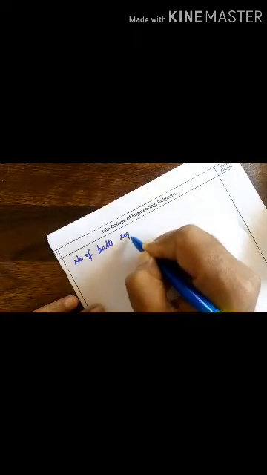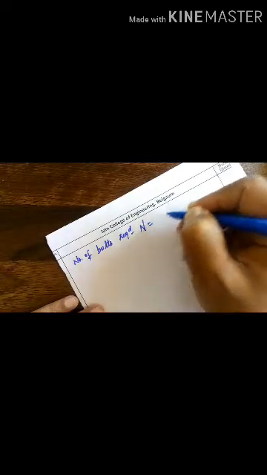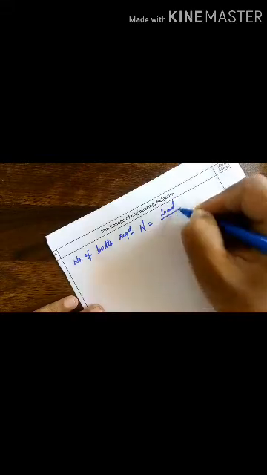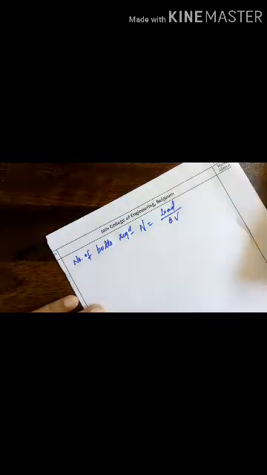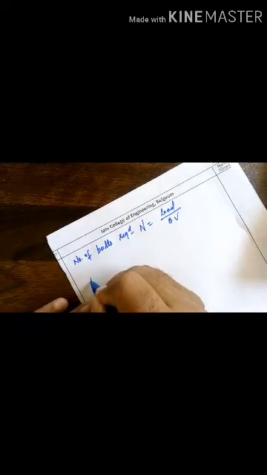Next, after the area, you have to calculate the number of bolts required. Number of bolts required, n, equals load divided by bolt value. So this is the formula. Then the bolt value we have to calculate.